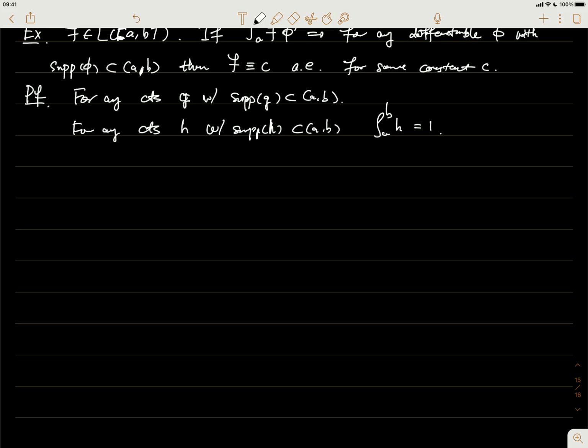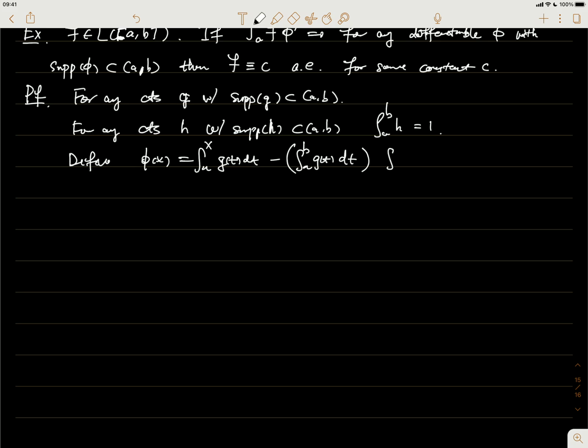functions, I can define phi(x) to be the indefinite integral from a to x of g(t) dt, minus the integral from a to b of g(t) dt. Here, the one in the parenthesis is a constant because I already fixed the endpoint to be b.